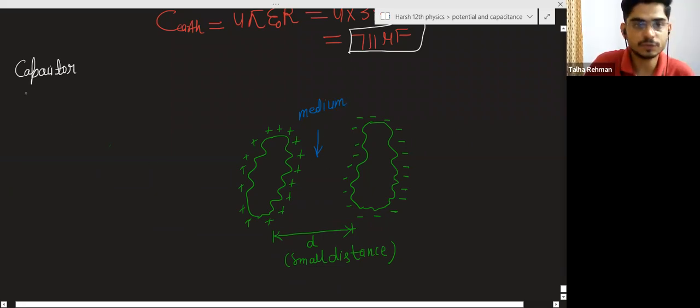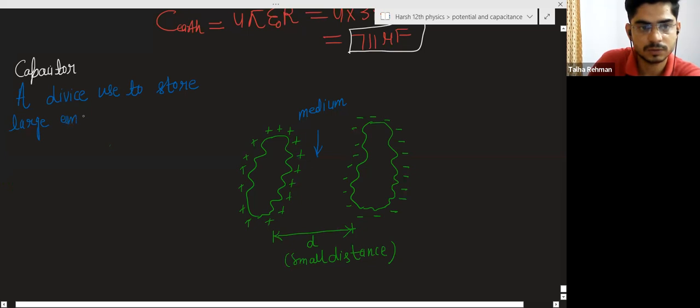So the definition of capacitor, you can write: a device used to store a large amount of charge.